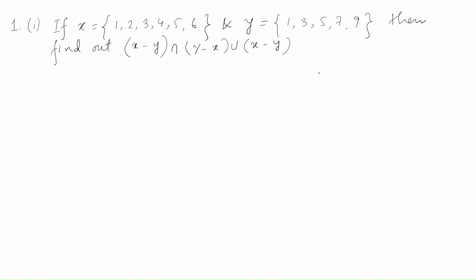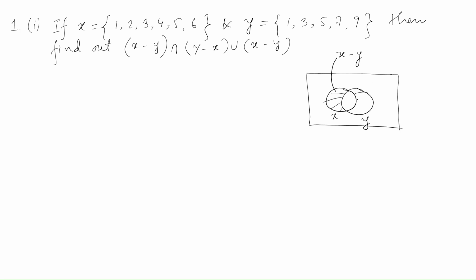If we look at the Venn diagram, if this is X and this is Y, then this much is X minus Y and this much is Y minus X. So X minus Y intersection Y minus X is phi.